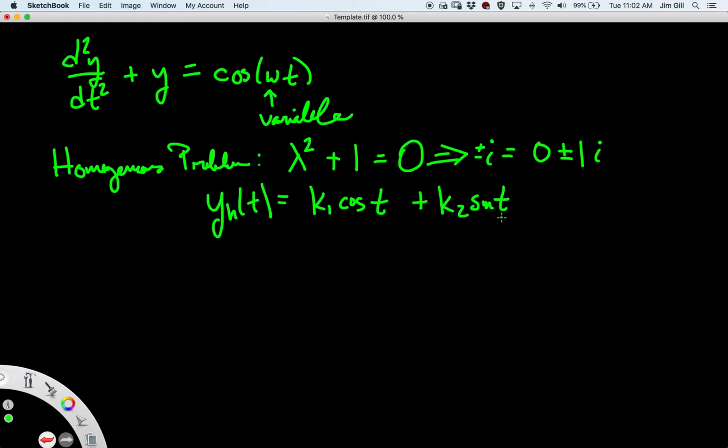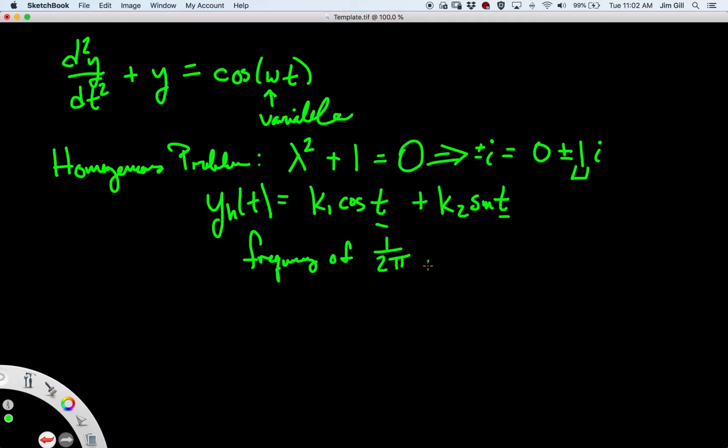And that t here, that's really 1 times t. So here, the homogeneous solution has a frequency of 1 over 2 pi, right? It repeats itself every 2 pi seconds.